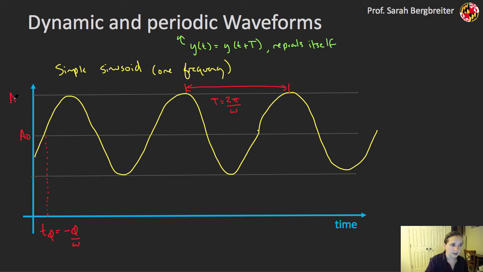And I have an amplitude for my sinusoid, c. So this signal goes from a0 minus c to a0 plus c at a peak of the sinusoid. I can write this entire signal as y of t equals a0 plus c times sine of omega t plus phi. And this is a dynamic and periodic waveform. It's both changing over time and it's repeating itself in time.